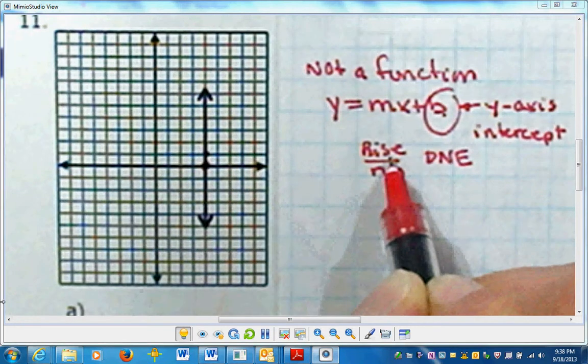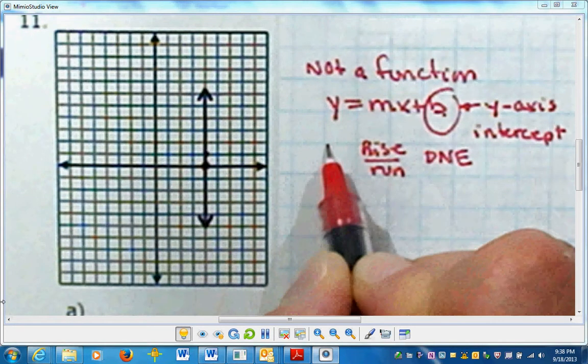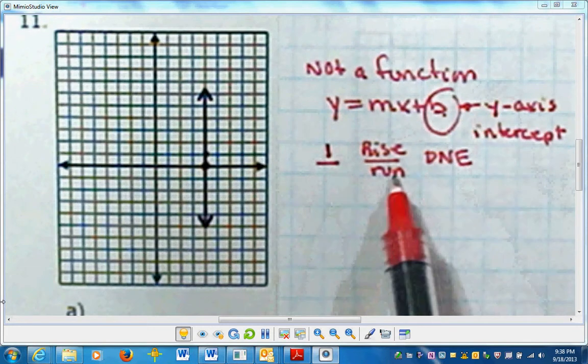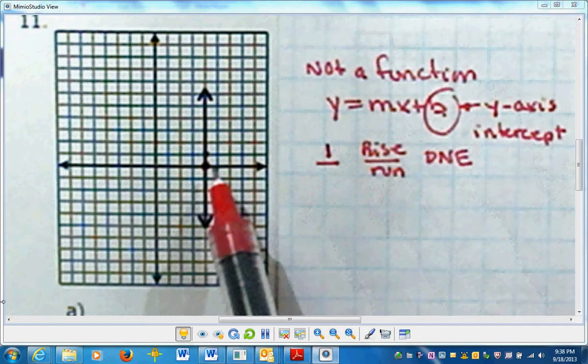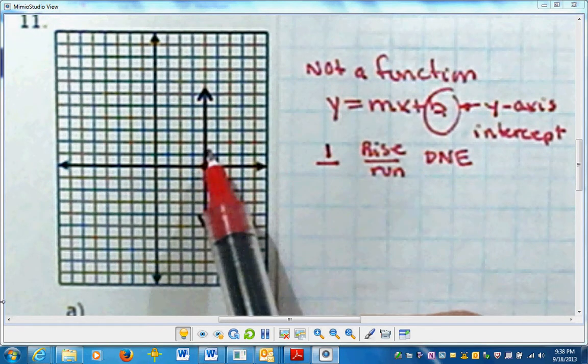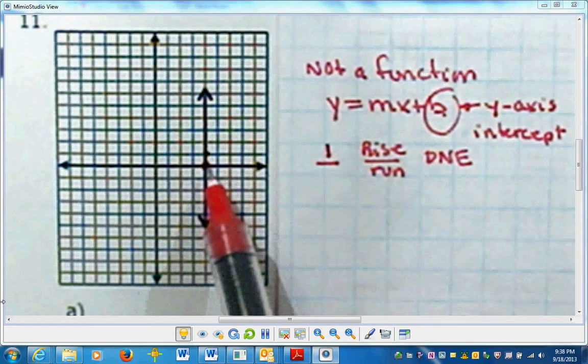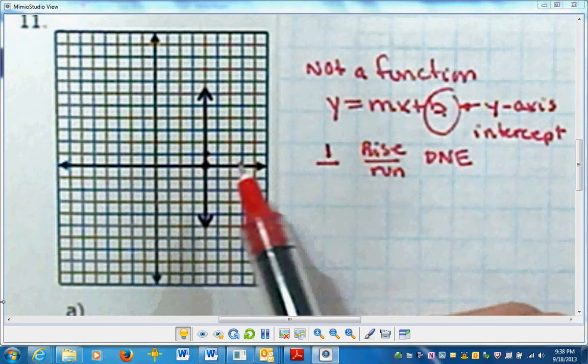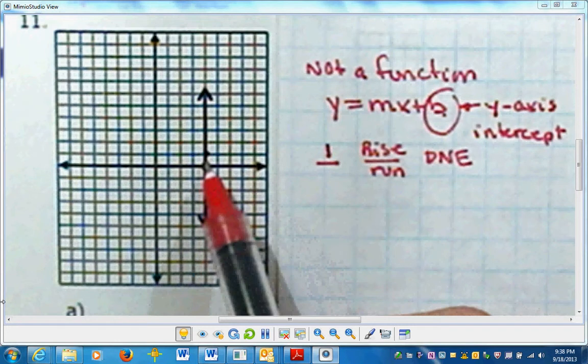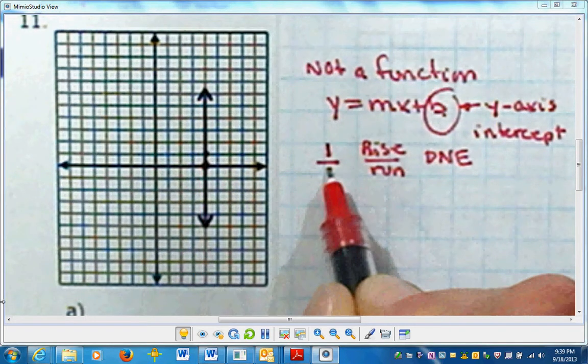So that would be my rise. My rise would be a 1. Now my run is either going to be to the left or to the right. In order for me to go from here to here, I go up 1, but am I going to the left or the right? I'm not moving left or right. So not moving left or right is 0.